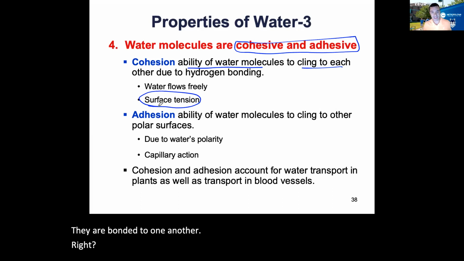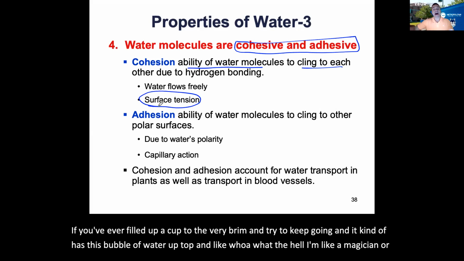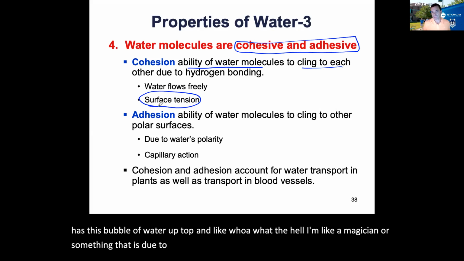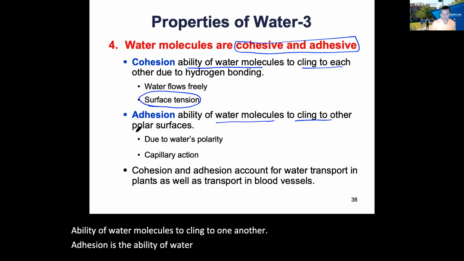If you've ever filled up a cup to the very brim and kept going, and it has this bubble of water up top, that is due to that cohesion, the ability of water molecules to cling to one another. Adhesion is the ability of water molecules to cling to a surface.